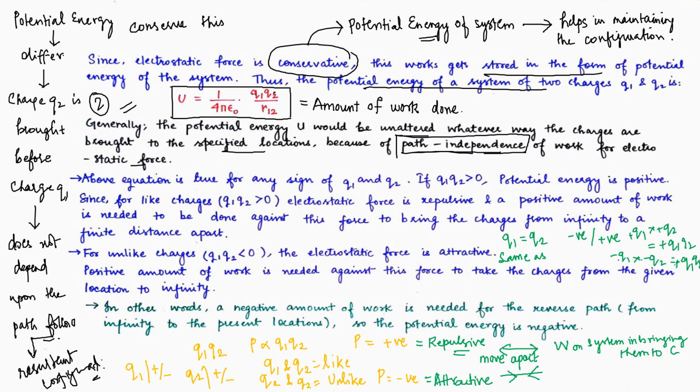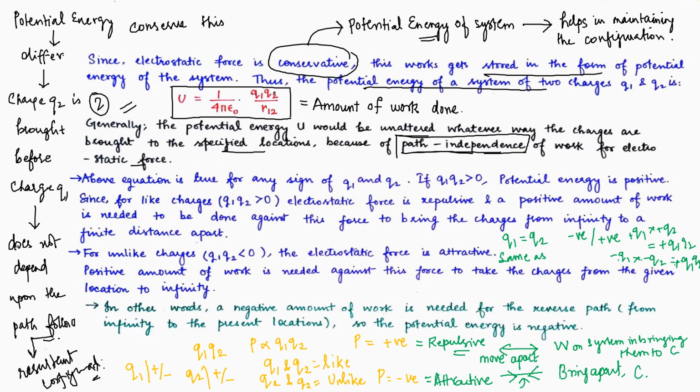Then internally we have to provide some work to this system to bring them apart to maintain the configuration. In both cases, we aim at maintaining the configuration. For one case, it's attractive, so we need to pull them apart. In the other case, they are repulsive, so we need to pull them nearer. So, this is how the configuration needs to be maintained.